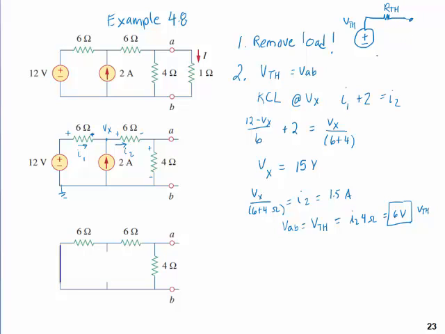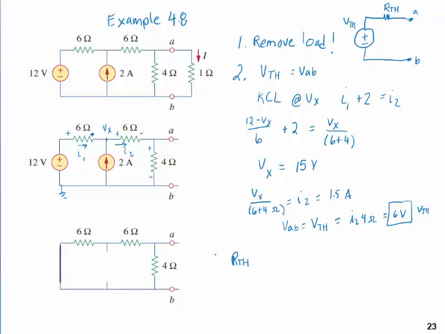And there's the terminals A and B, where we would attach the load later on. So this is the equivalent circuit that we want to get from this. And this equivalent circuit is going to supply whatever the load needs, and you can model it this way. Okay, so now we need R Thevenin.